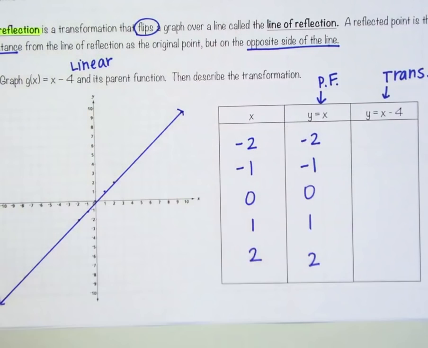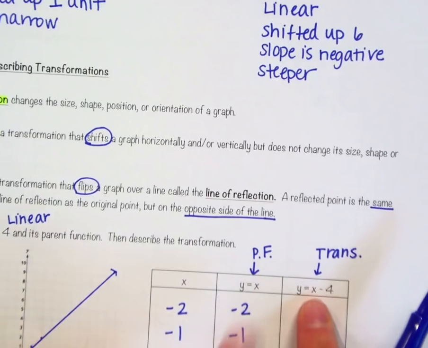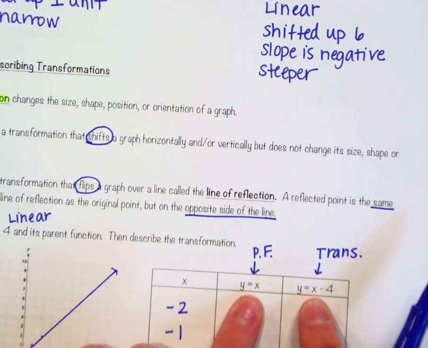Okay, so here's my parent function, the most basic form. The slope is 1, the y-intercept is 0. Okay, now let's look at my transformation. So based on what we did up here, my slope is not changing.